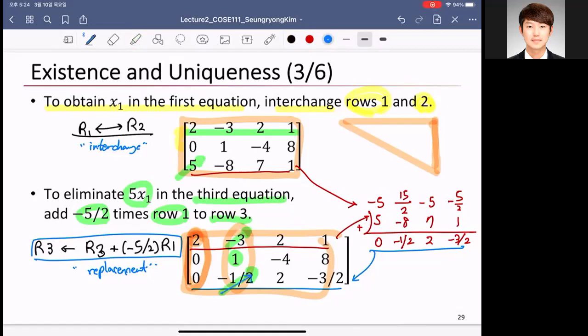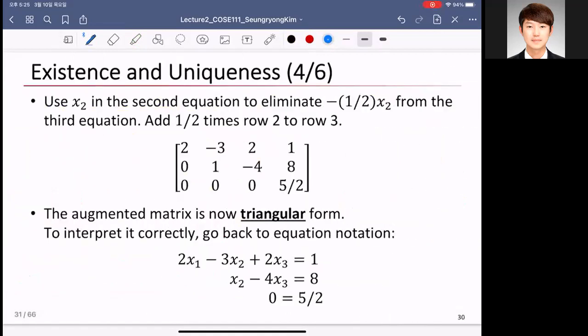Let's suppose that this is R2 and this is R3. How can I remove this term in R3? Maybe R3 plus 1/2 R2 will remove it. Replacement, right?